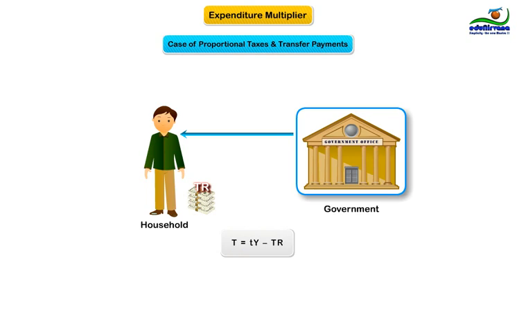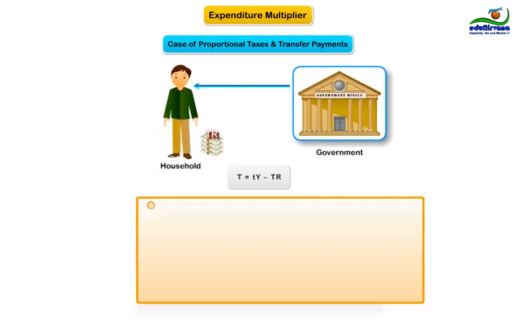The consumption function with proportional taxes and constant transfer payments is given by C = A + MPC × YD. C = A + MPC × (Y - tY - TR).